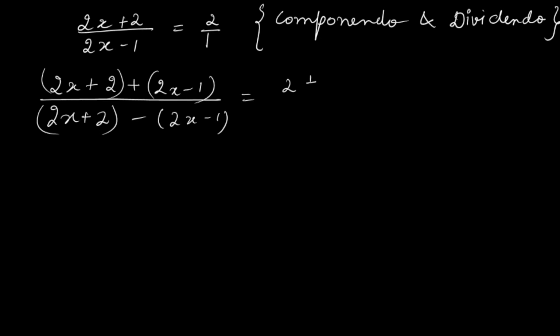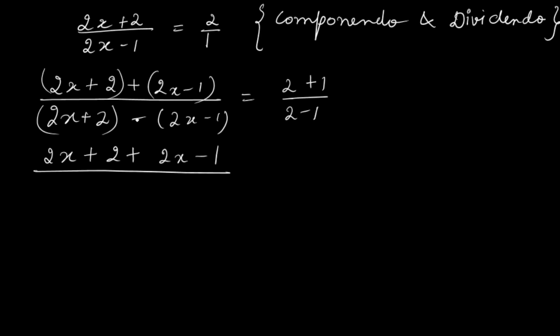This side also 2 plus 1, 2 minus 1. So we'll just open the brackets now. So 2x plus 2 plus 2x minus 1 by, so plus is there, signs won't get changed, as it is we have to write. So denominator will get 2x plus 2.